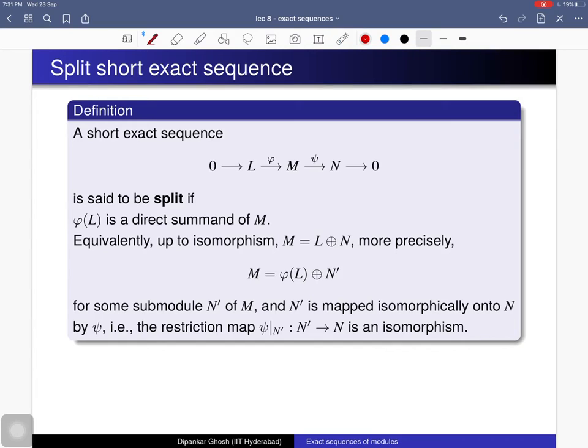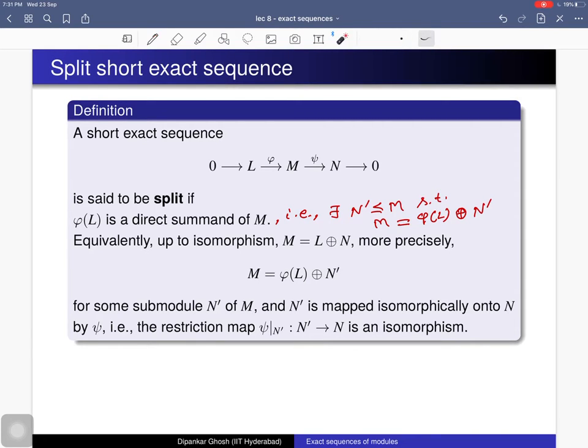There exists some submodule N' of M such that M is the internal direct sum of phi of L along with N'.